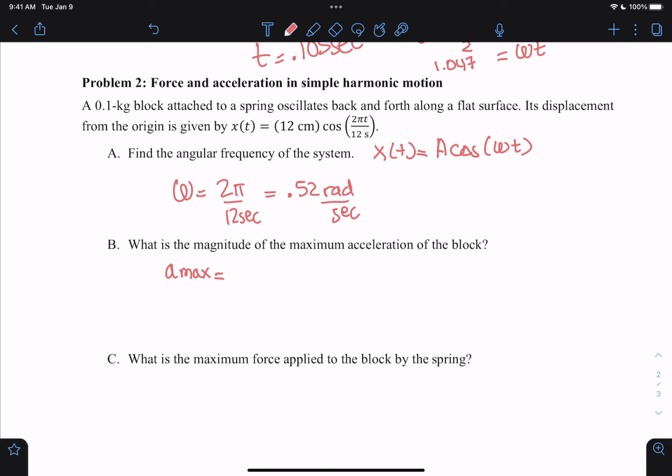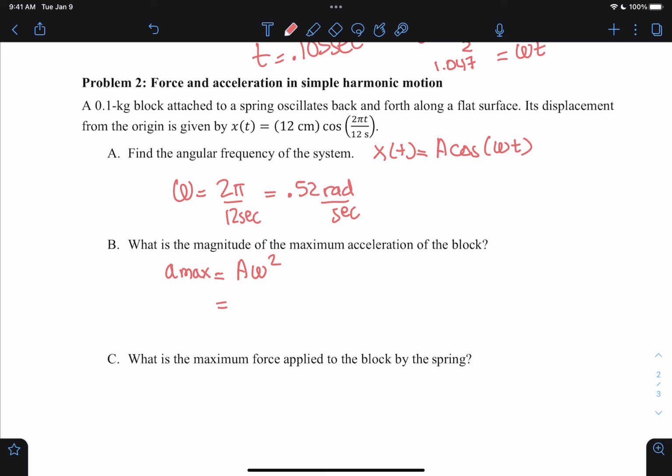So they're asking us about the maximum acceleration of the block. Honestly, this is a plug and chug. There's the equation for a max: a max is equal to the amplitude times omega squared. So amplitude times our angular frequency squared is going to give us our maximum acceleration.